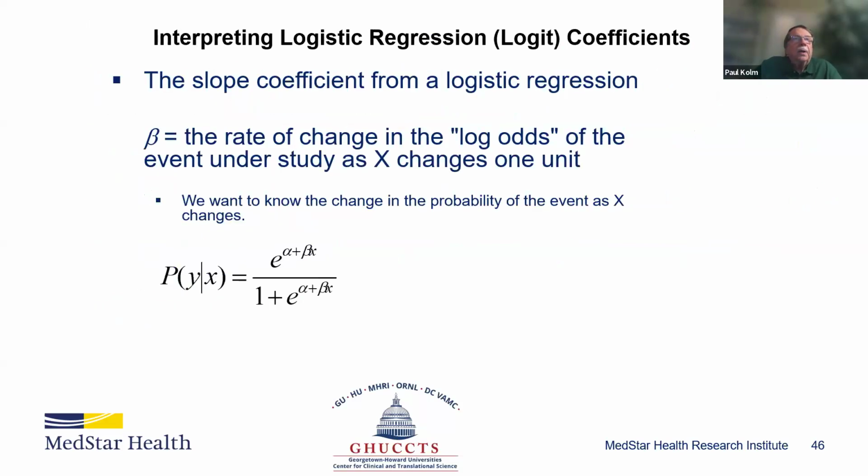And so what we're interested in, as we mentioned, is the slope coefficient from a logistic regression, which is the beta, the rate of change in the log odds of the event as the x changes 1 unit.